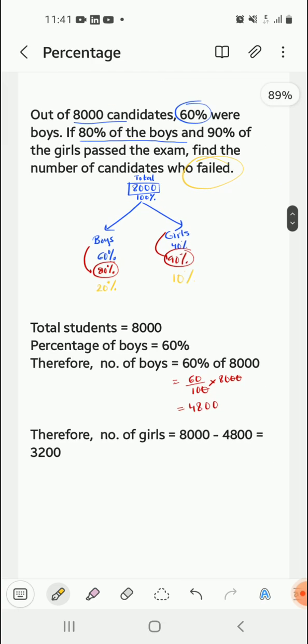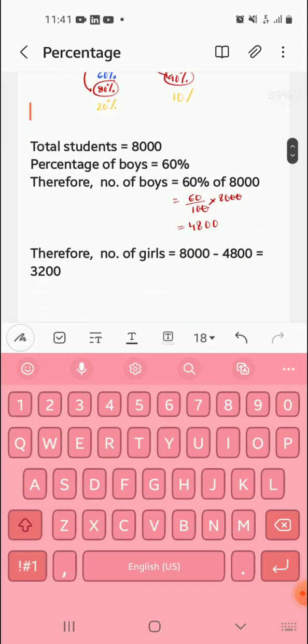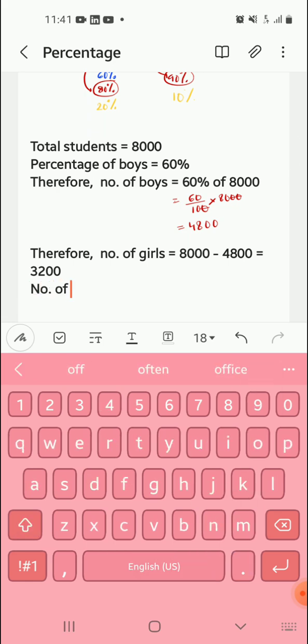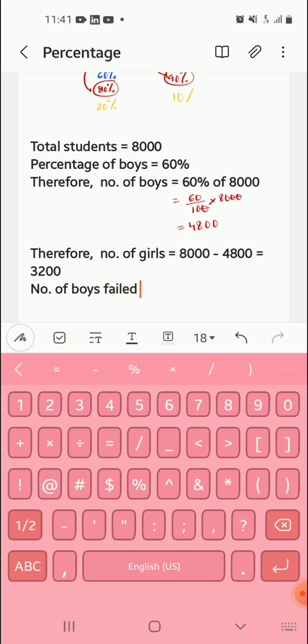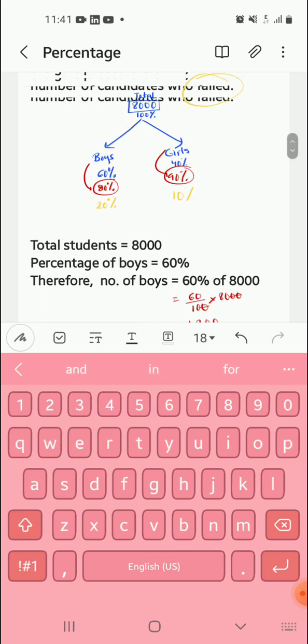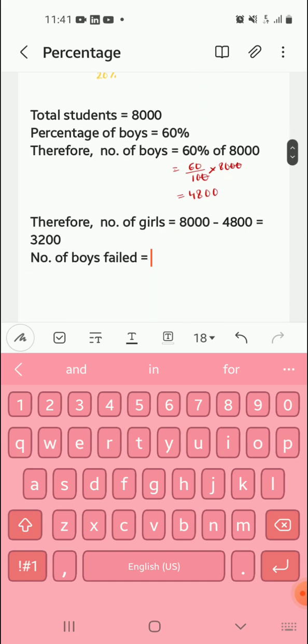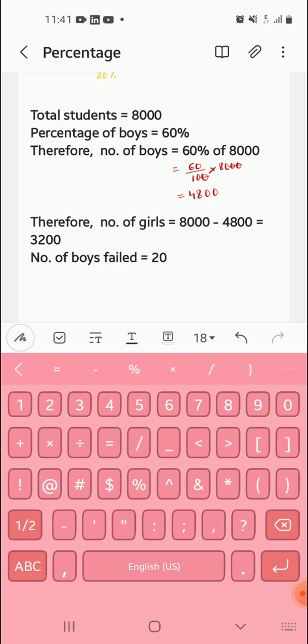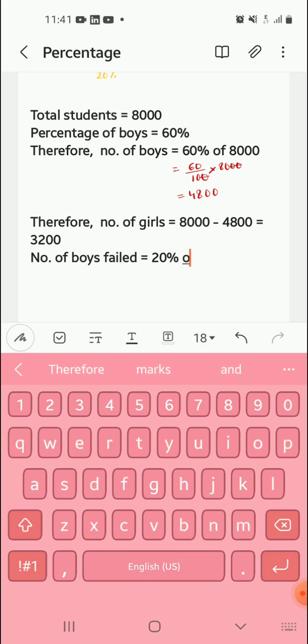So simply, we can find out the number of boys failed. Number of boys failed will be 20% of the number of boys that we have already found out, that is 4,800.